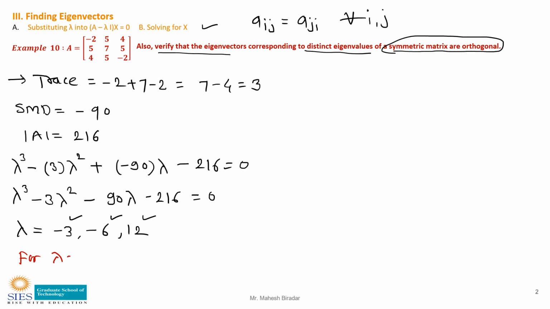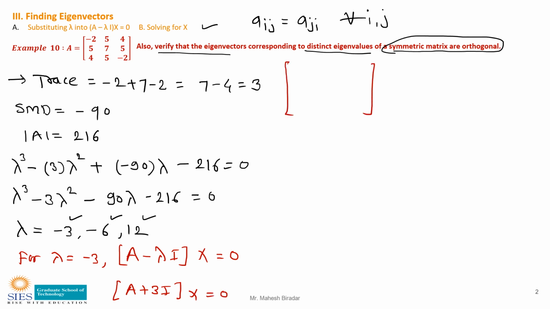So for lambda equal to minus 3, you can put this value of lambda in the equation (A minus lambda I) x is equal to 0. So lambda is negative 3, so (A plus 3I) x is equal to 0. Means in short, you need to add 3 in the diagonal elements.